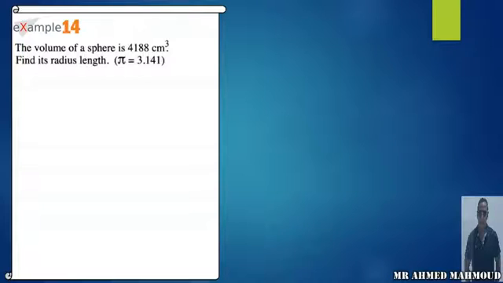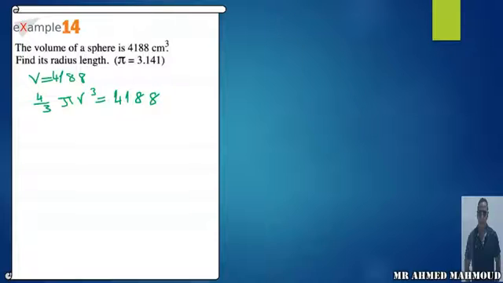Okay, first I'm going to write the volume equals 4,188, and I will write the rule of the sphere, which is 4 over 3 pi r to the power of 3, equals 4,188.